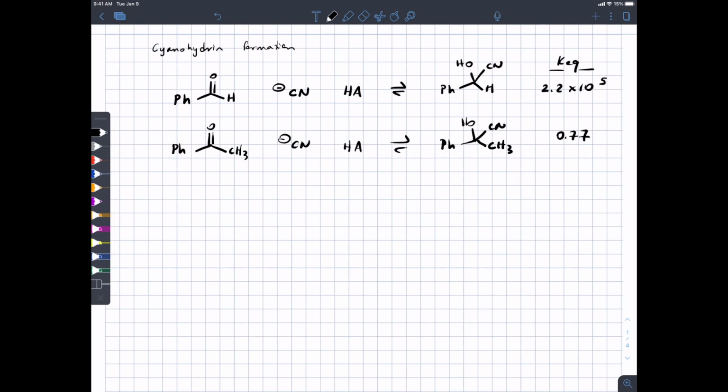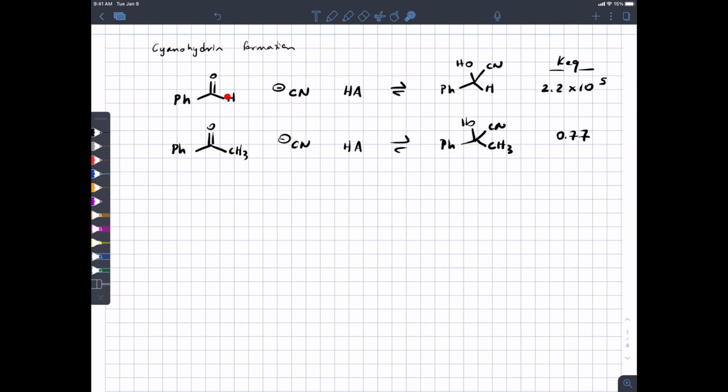A couple of reasons for that could be sterics, and if it's not sterics, electronics. So a methyl group is maybe a little bit bigger than the hydrogen. That probably can't explain all of this difference. The other issue is how electrophilic the pi star is.